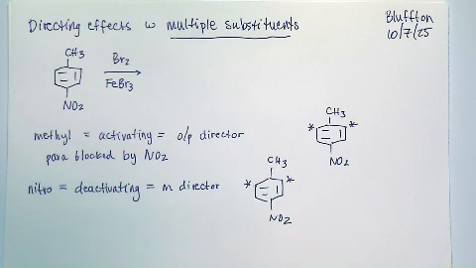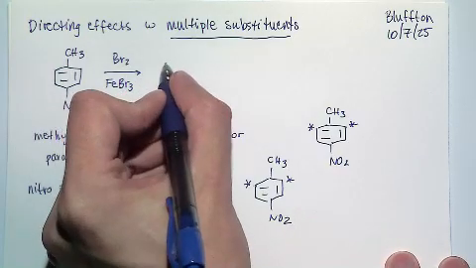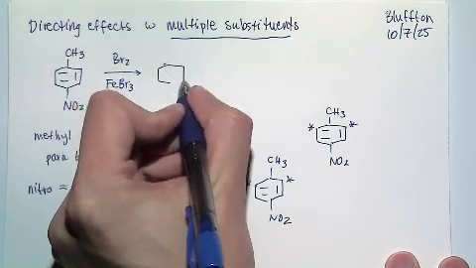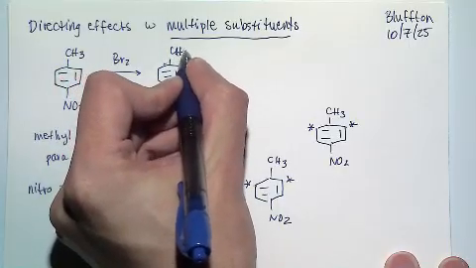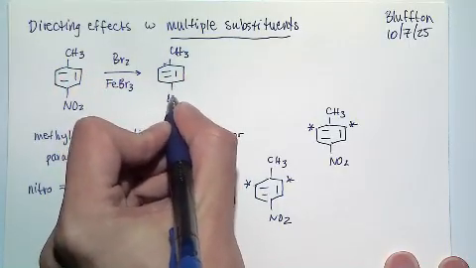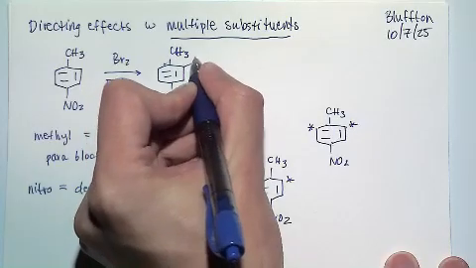Doesn't matter which side of the ring you put it on, because it's the same side in both cases. So we can be pretty confident that the bromine is going to go there.